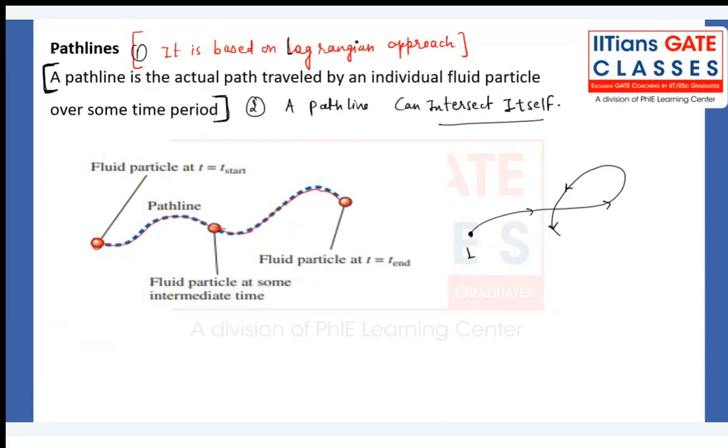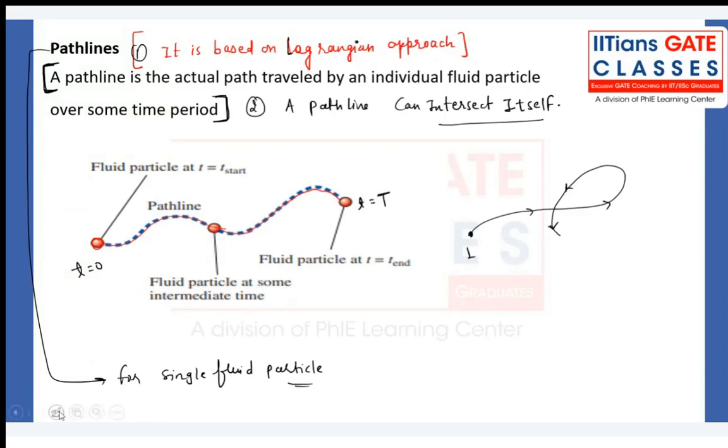A path line is for a single fluid particle. So the history starts from time t equal to 0 to time t equal to capital T. All of you have noted down? Once it is done, let me know.